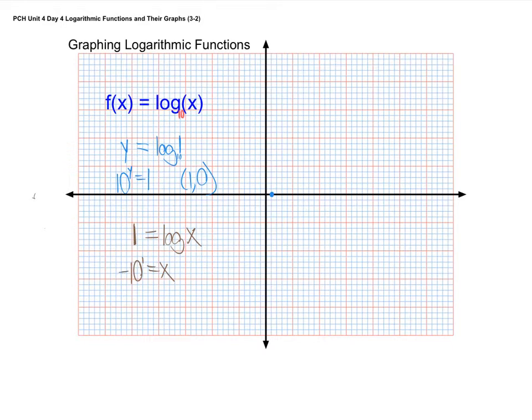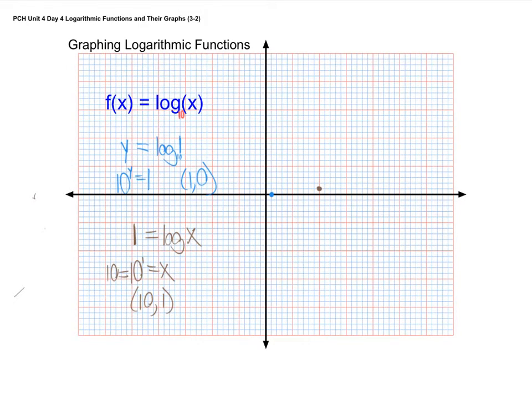Well, that's just 10. So there's our point 10, 1. And now I have this second point on my graph here. And this doesn't get up to 3 until we hit 100. So this is increasing, but increasing really, really slowly.